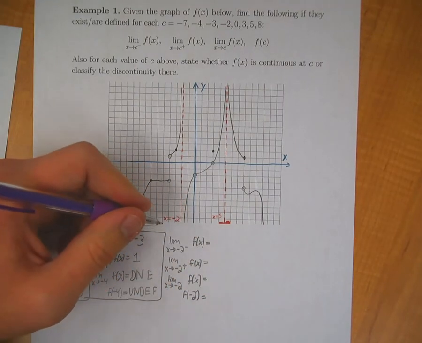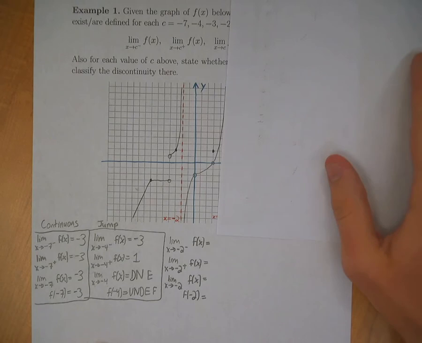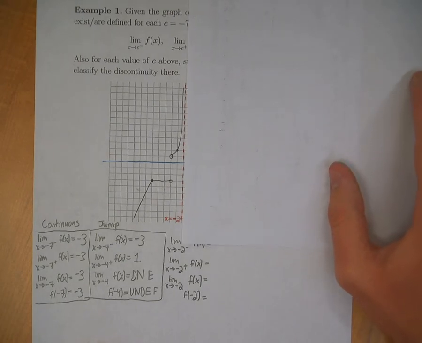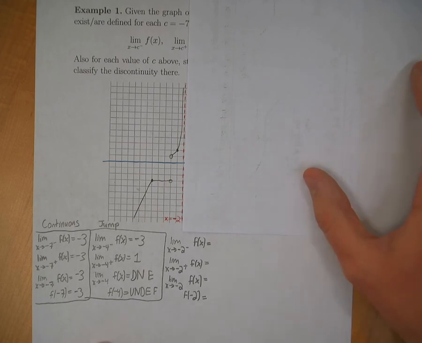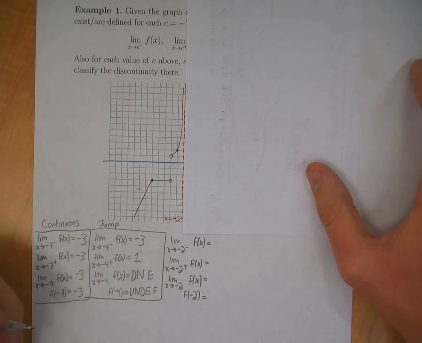So, what happens here? So, if we approach -2 from the left, well, it seems like we're getting arbitrarily large positive values the closer and closer we get to -2. So if that's the case, what does that tell us about our limit here?